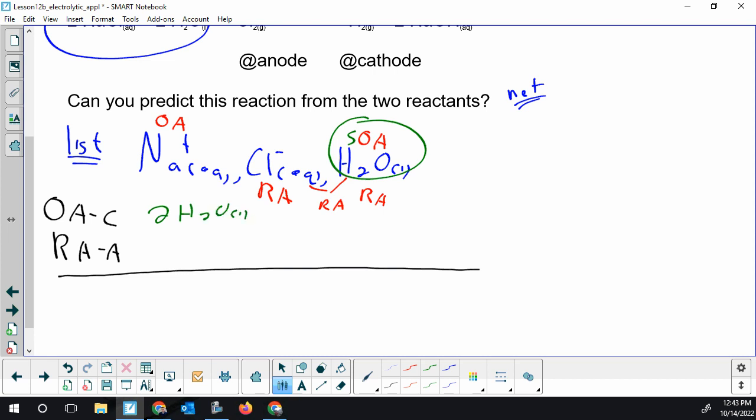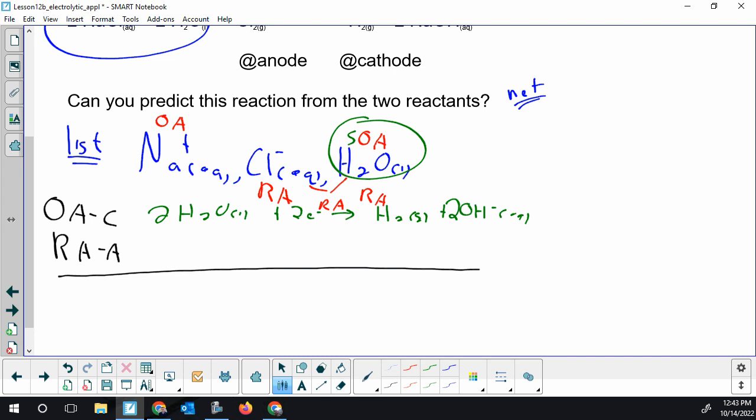So 2 water plus 2 electrons is going to give us hydrogen gas and hydroxide ions. Just double checking all my coefficients: 2 waters, 2 electrons, 1 hydrogen gas, 2 hydroxide.